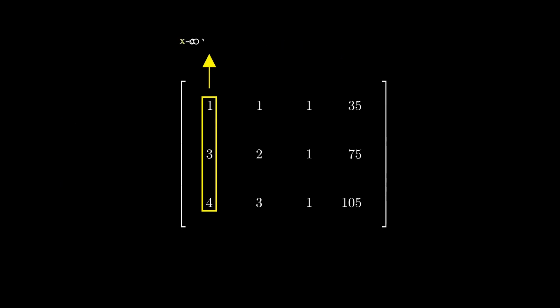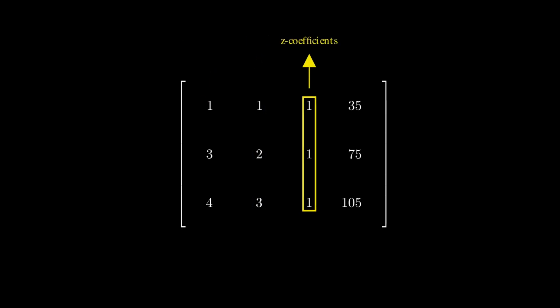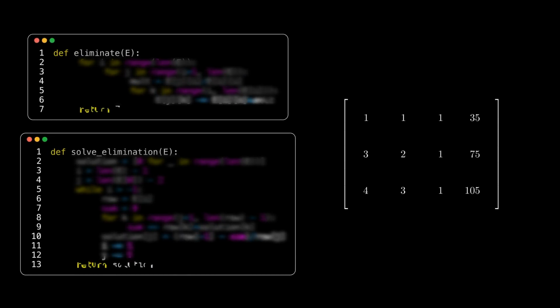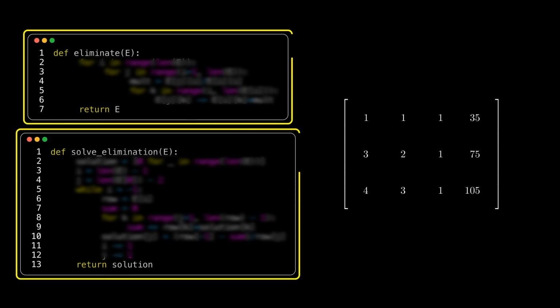Here, the first column represents the x coefficients, the second column represents y coefficients, the third represents z coefficients, and the fourth represents constants. Now, we will divide the process into 2 parts, represented by 2 blocks of code.